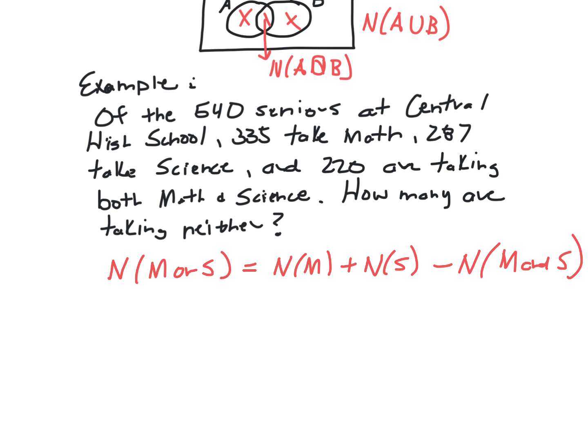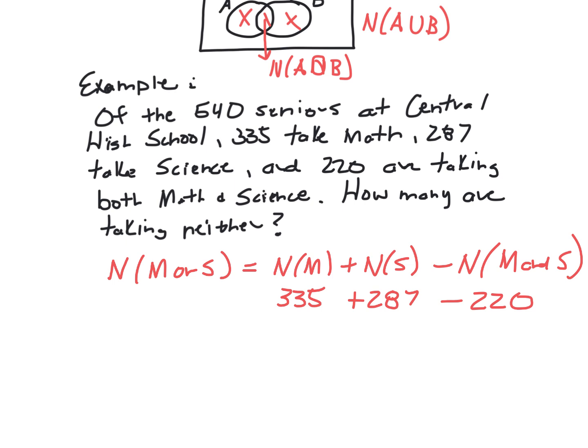So now plugging in, we've got 335 people taking math. We've got 287 taking science. And then if there's 220 taking both math and science, we would need to subtract that total off, because otherwise we would be counting them twice.